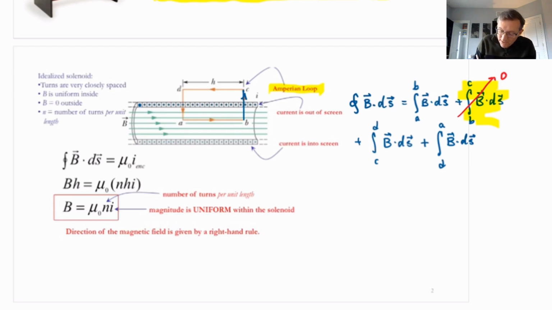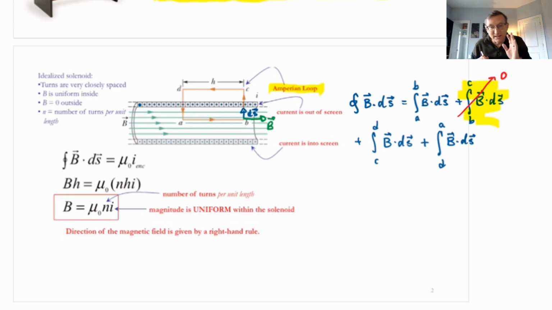Well, if I'm integrating in the direction shown, then any little ds that I have to deal with, like right there, is in that direction, but I've got to do B dot ds. So when I'm down here in the interior region of the solenoid, the B is to the right, remember? And that B and that ds are perpendicular. And B dot ds then is 0. That's if I'm on that side and I'm inside the solenoid.